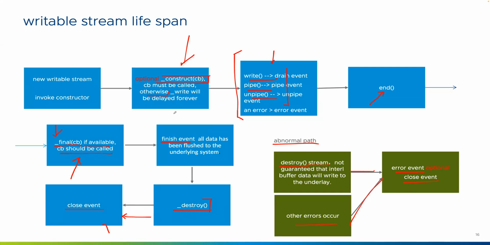So you can see that there's a normal path and an abnormal path. You can use this if you define your own subclass for writable stream. You can define underscore final, underscore destroy. So you just manipulate the whole process for your writable instance.